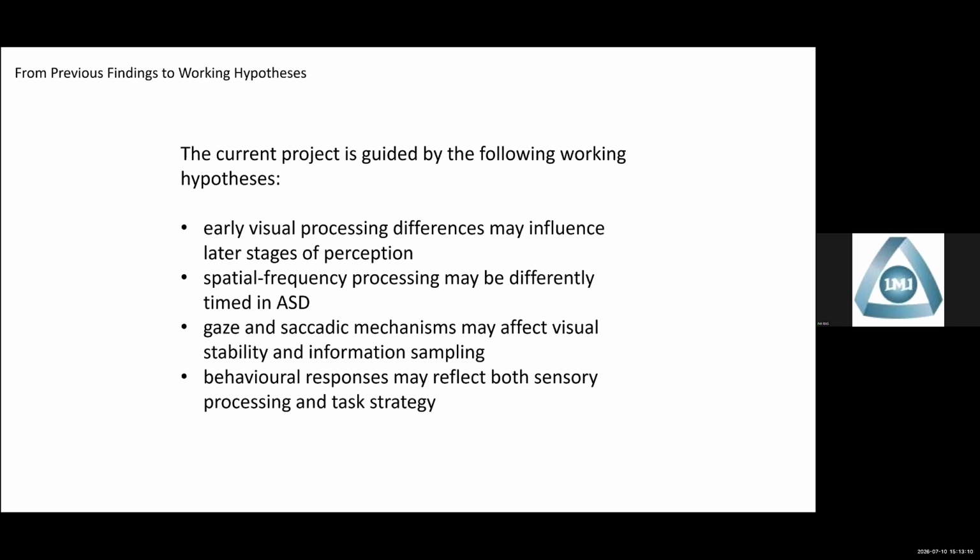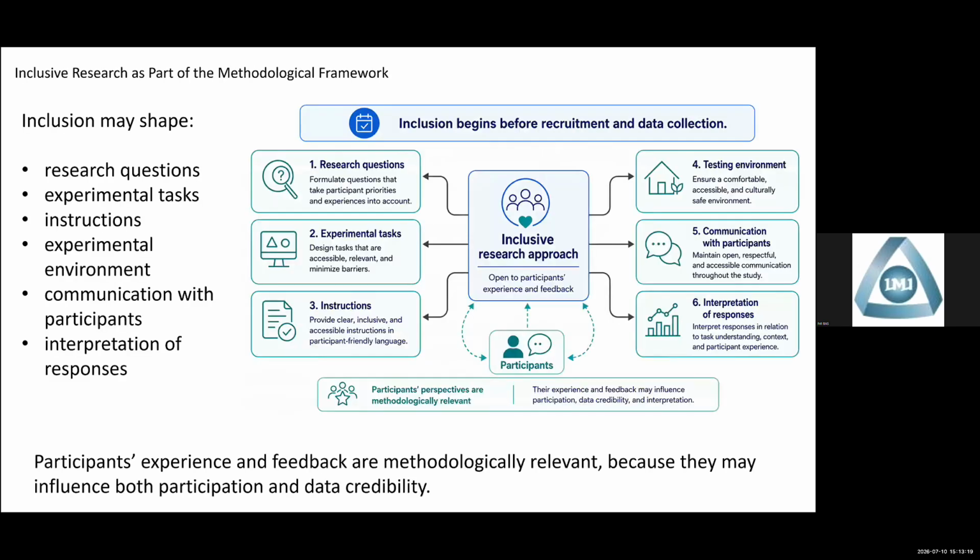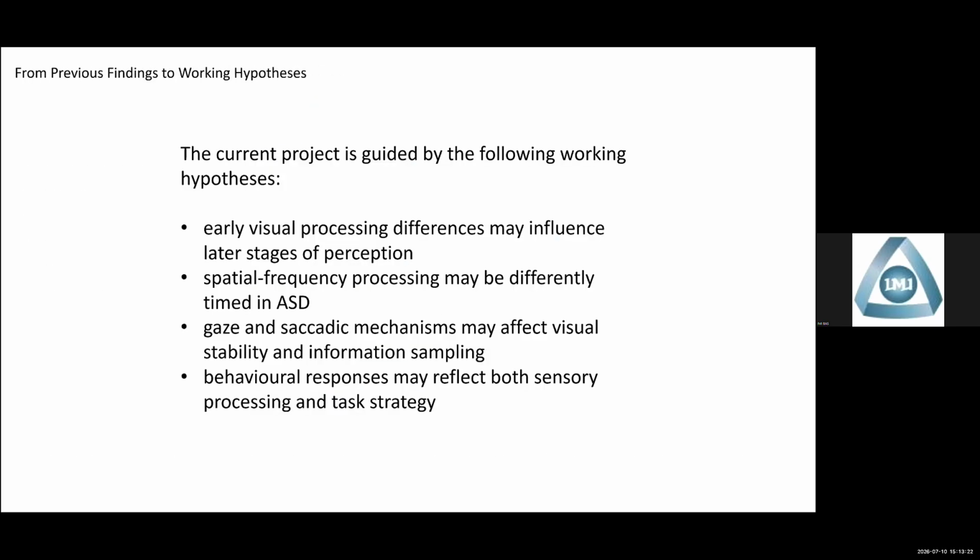and recent findings, recent articles and studies don't confirm this finding. Why? Another point in our hypothesis, besides the spatial frequency processing, is that gaze and saccadic mechanisms may affect visual stability and information sampling in a different way compared to typically developing people.